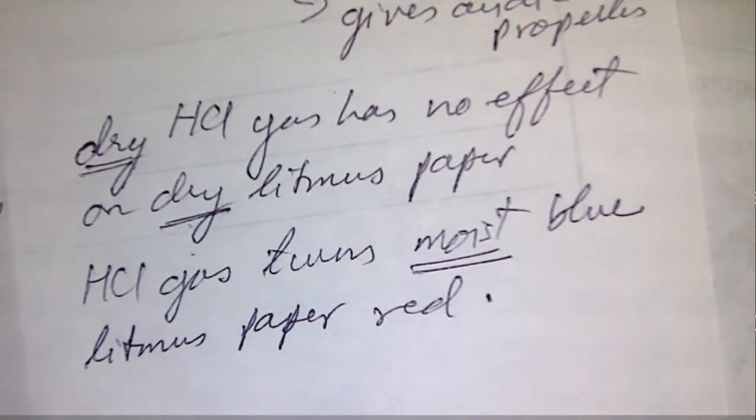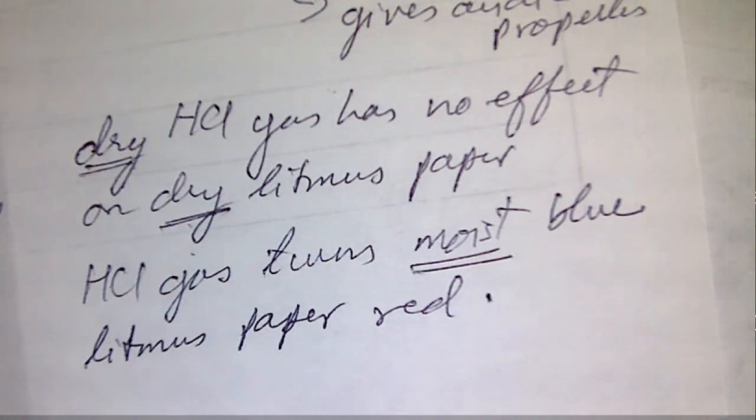It will turn moist blue litmus paper red. Understood? So dry HCl gas has no effect on dry litmus paper, but if it is a moist litmus paper, or if anyhow moisture is present, then it will turn red. So the acidic property is only when you are dissolving it in water.